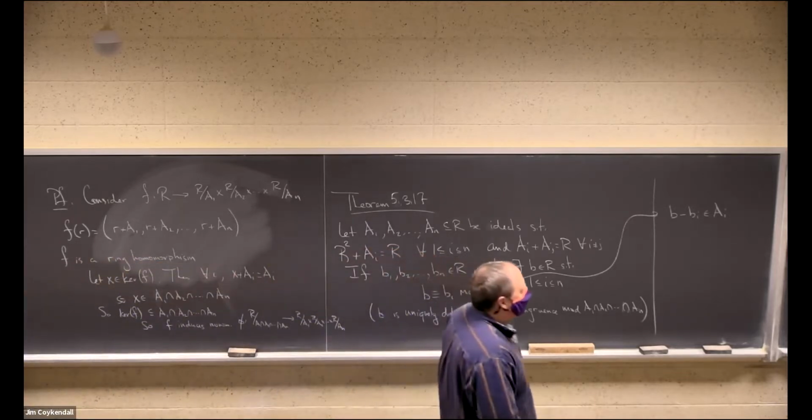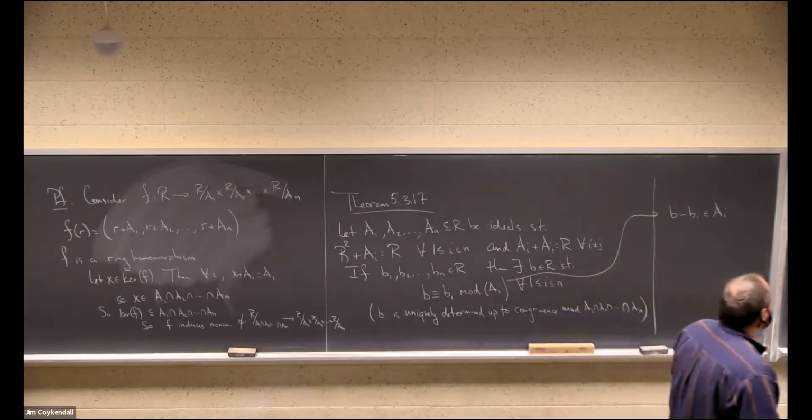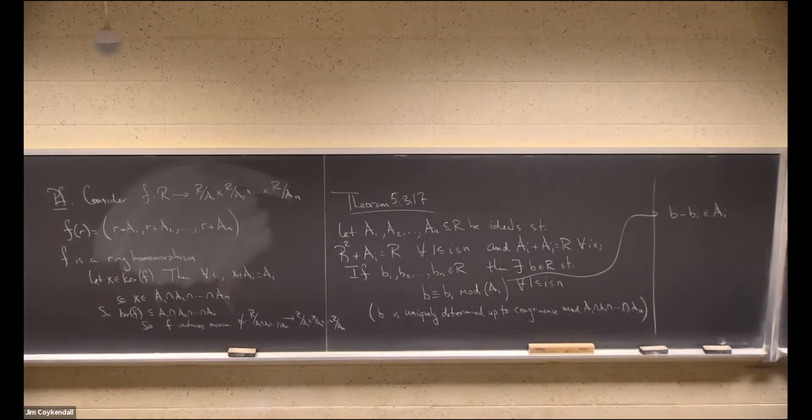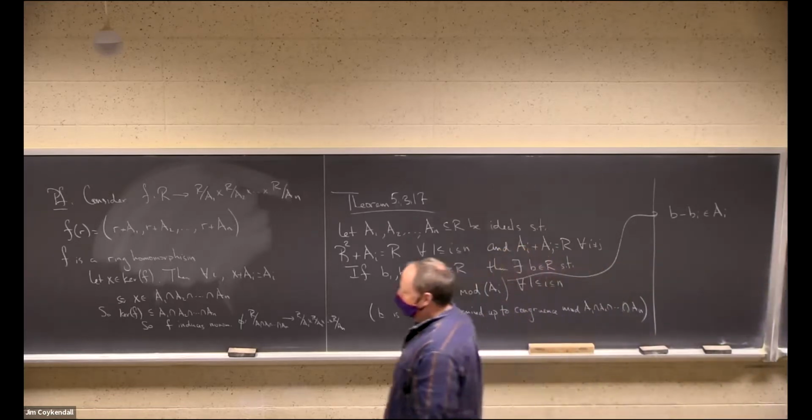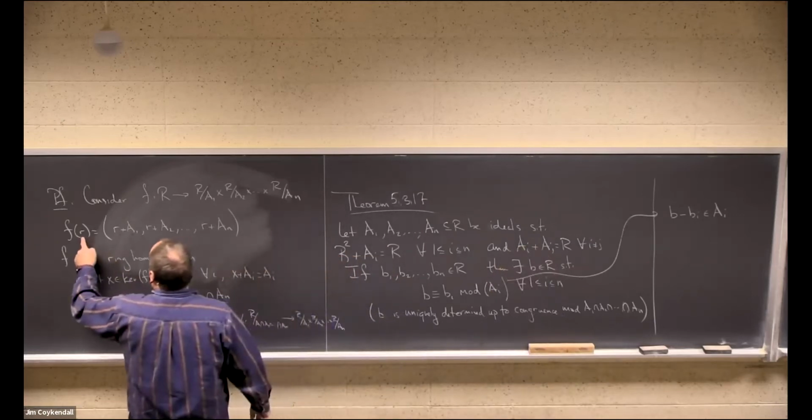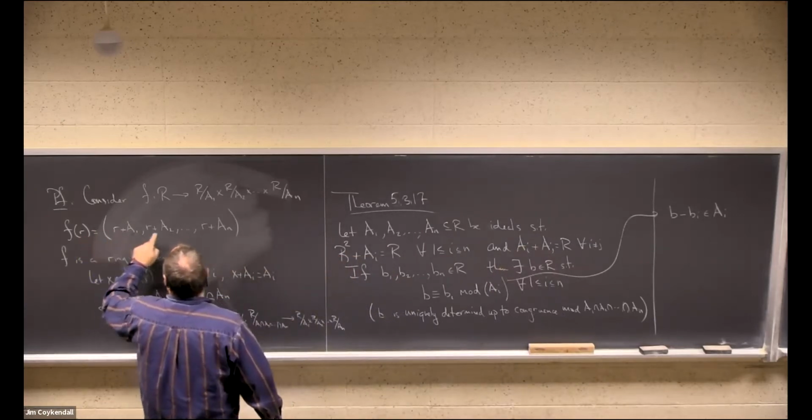Now, next step. There's our monomorphism. We didn't really need much of anything, but what do we need for this to be an isomorphism? Well, we need it to be onto. And that's exactly what this theorem gives us. We need to find an r that covers everything here.